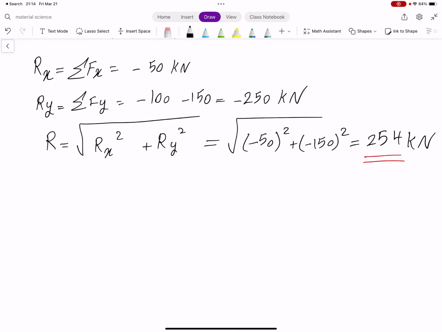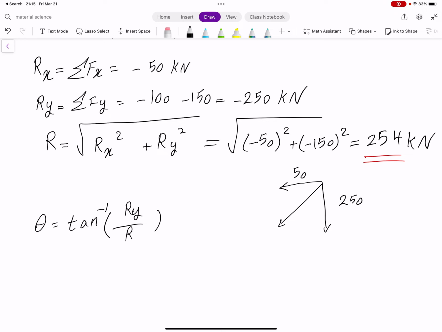The next result that we need to find is the angle. What is the angle of that force? As you see, both forces are negative. My Rx is going this direction, and my Ry is going this way. Ry was 250, so both of them are negative. In order to find the angle, we use this equation: theta equals arctangent, or inverse tangent, of Ry divided by Rx.